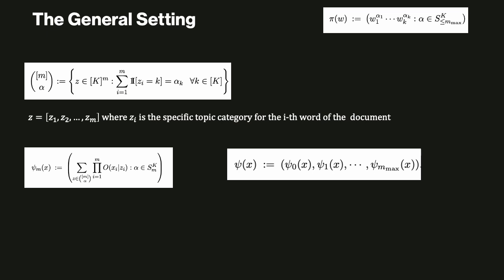Then we have this psi of x, which represents the total likelihood for a document x of length m to follow the topic assignment pattern alpha. Here, the cumulative polynomial vector psi on the right-hand side is a concatenation of all the vectors that we see on the left-hand side.